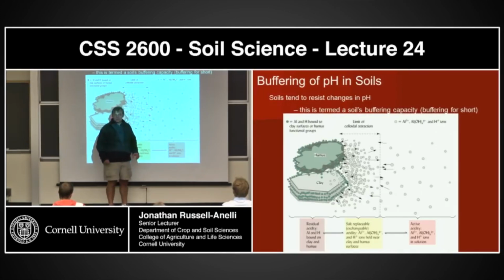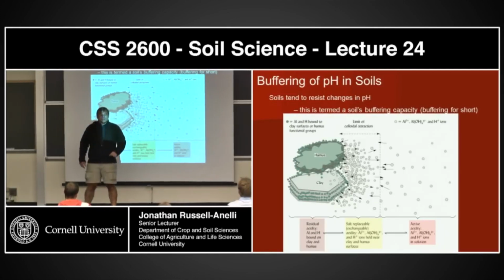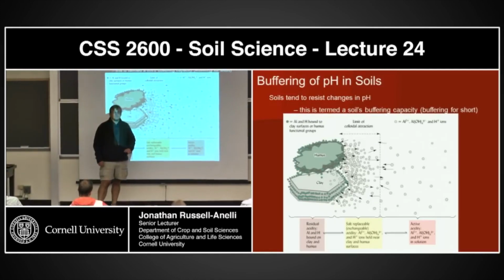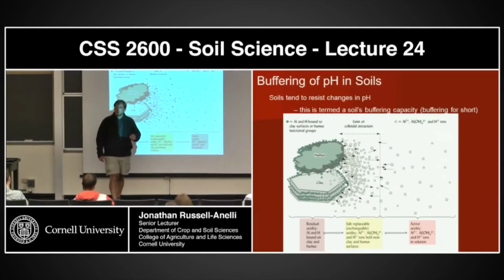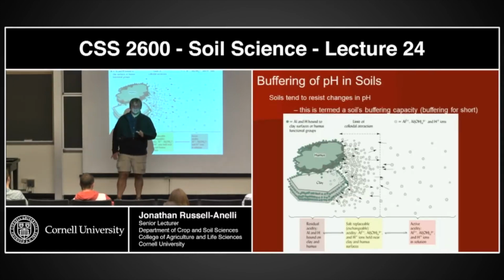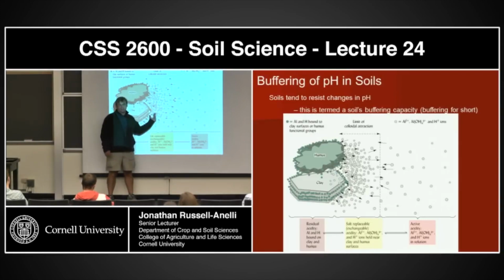Question? Why, when there's a low CEC and low base saturation, is aluminum on that surface? Oh, right. It's not necessarily just because I have low CEC or high CEC that there's going to be aluminums on these exchange sites.